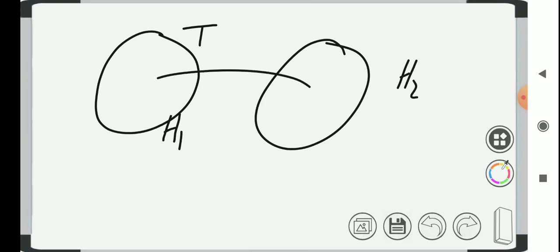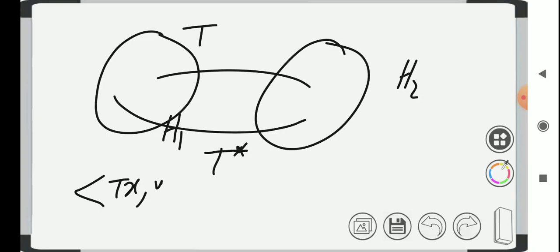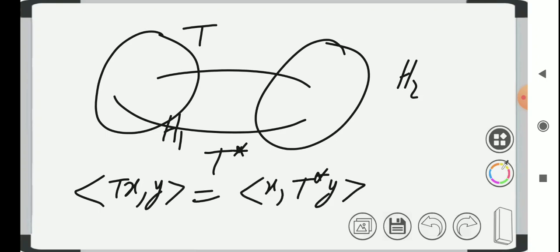We were able to show the existence of another operator which we denoted by T star, satisfying the relation <Tx, y> is the same as <x, T star y>. It is clear that we don't know how to exactly construct this operator. We don't have an explicit relation for this operator, like we have for a function like f of x equals x squared, where we know the square is the output.